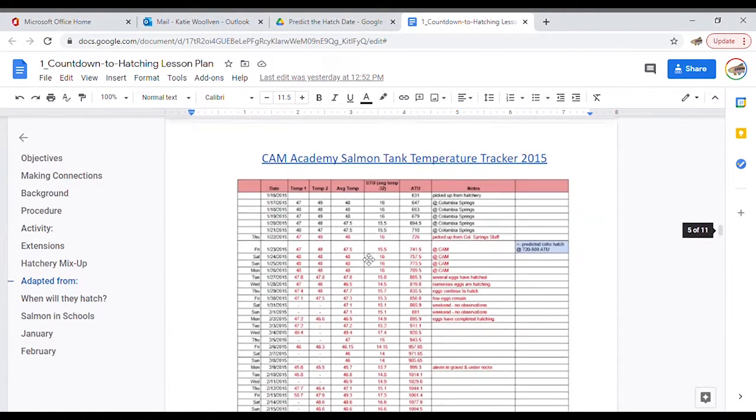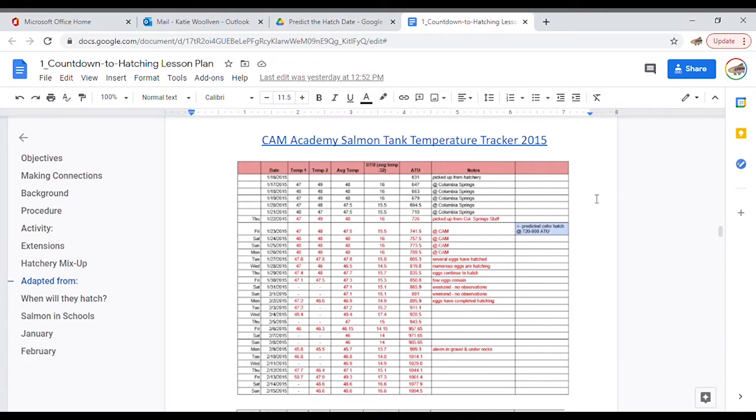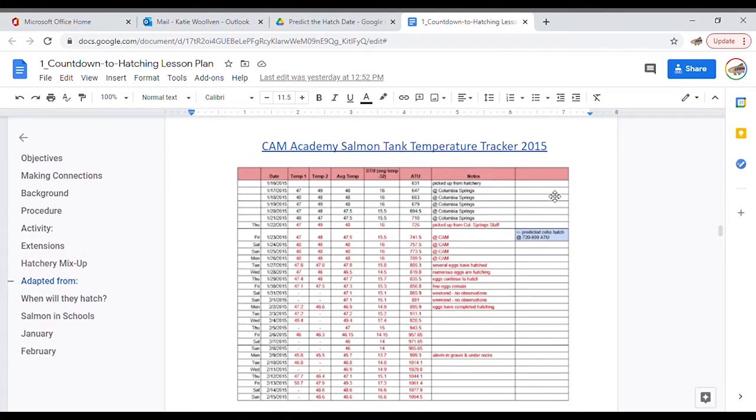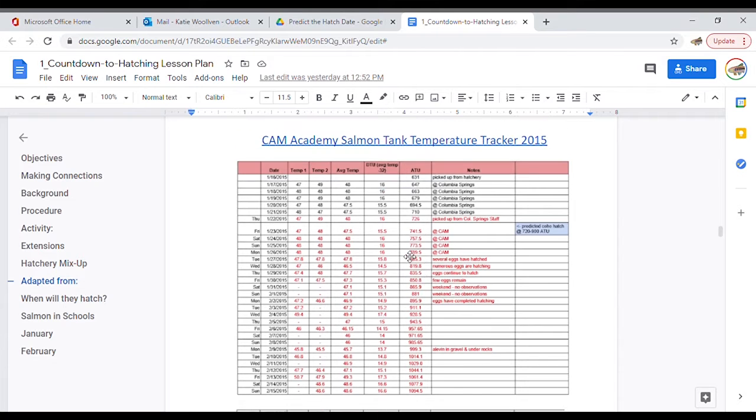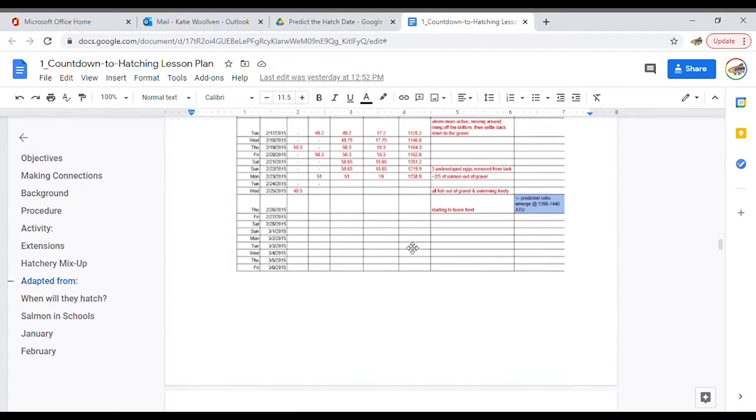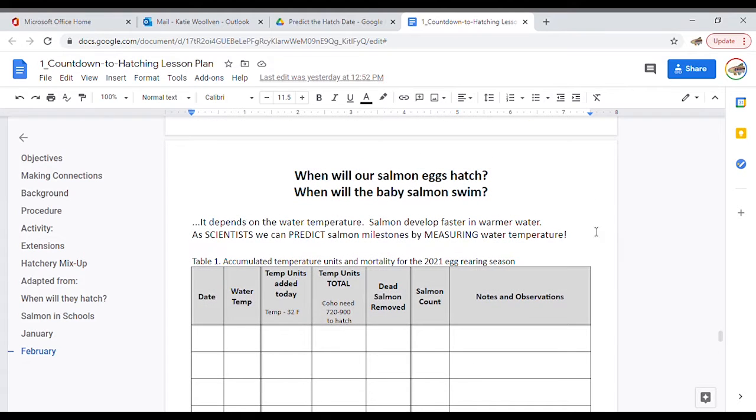A little farther down is a data sheet that Mike Clapp from CAM Academy uses with his students, and this is great too. It's pretty similar to the previous one, but it's neat to see their notes and exactly when they made certain observations. And this is the data sheet that I printed out for you guys.